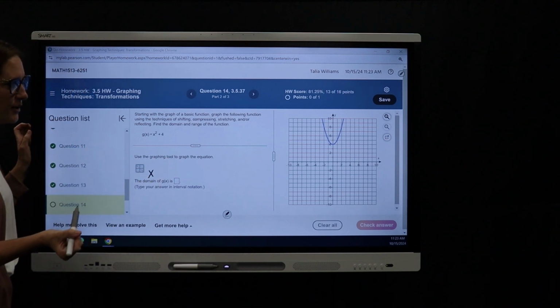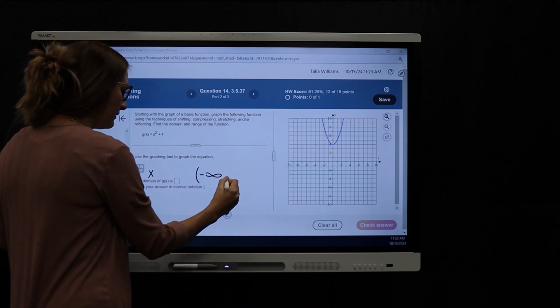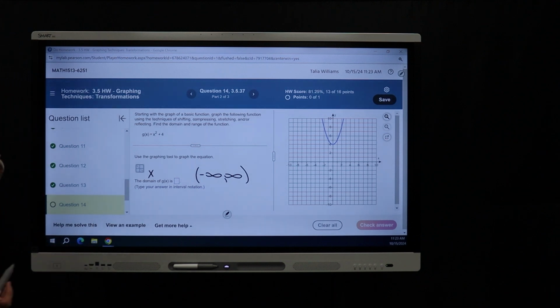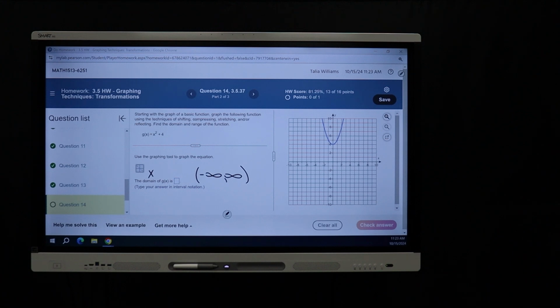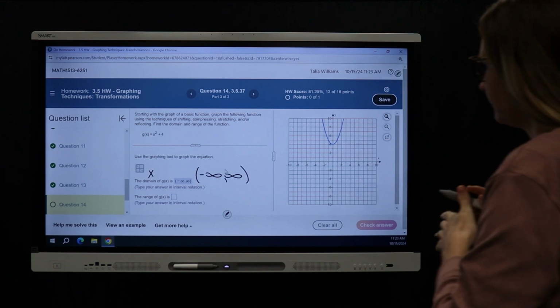So on this graph, our domain is going to go from negative infinity to infinity. And then our range is y. Our range is y.